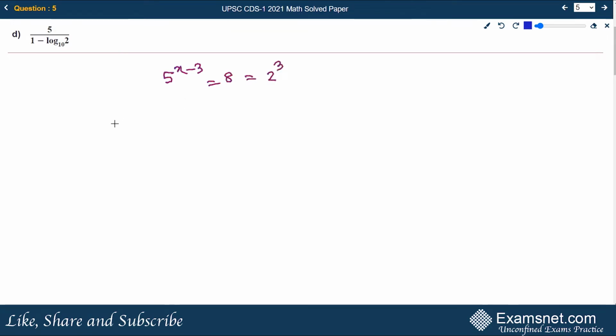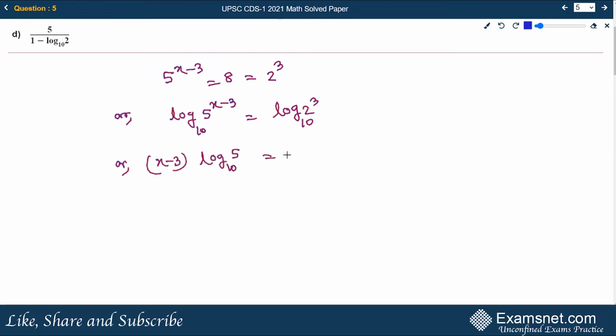Now, after taking log on both sides to the base 10, we will get log 5 to the power x minus 3 to the base 10 equals log 2 to the power 3 to the base 10. Okay, in the next line, x minus 3 will come down, 3 log 2 to the base 10, correct?